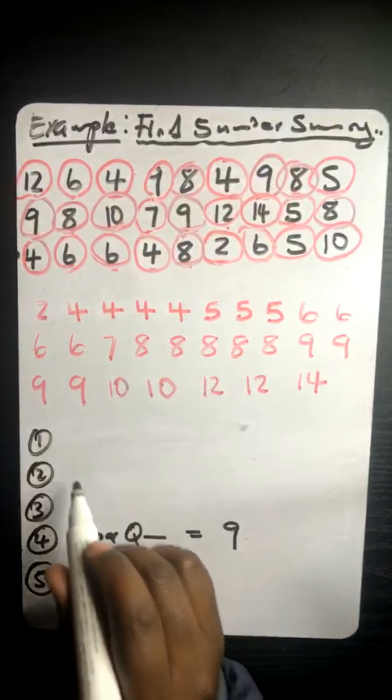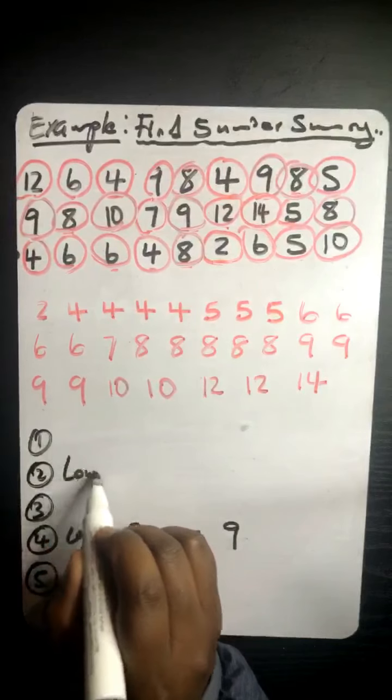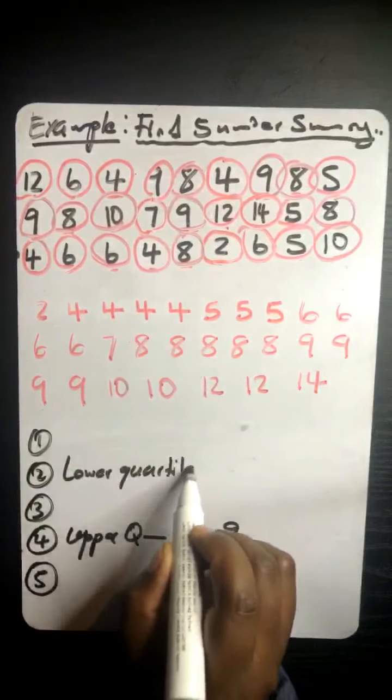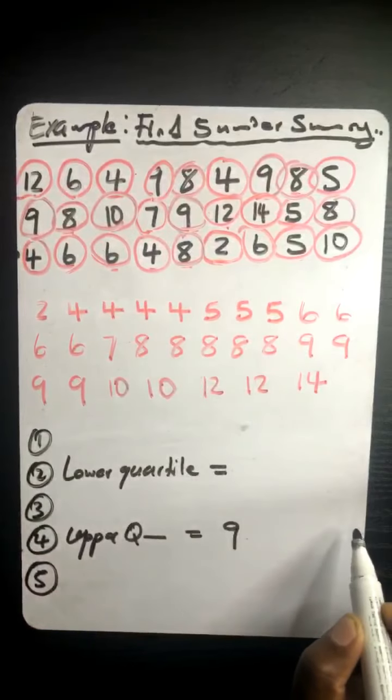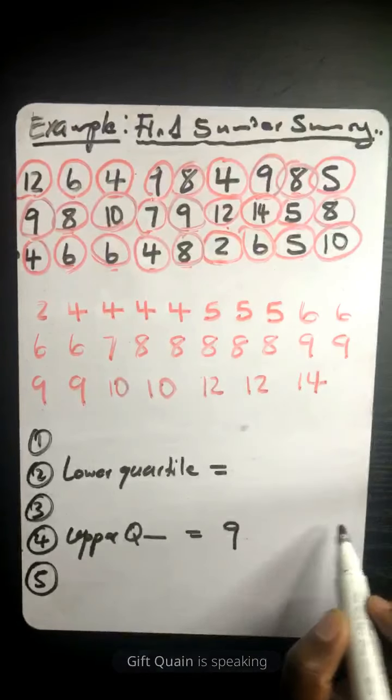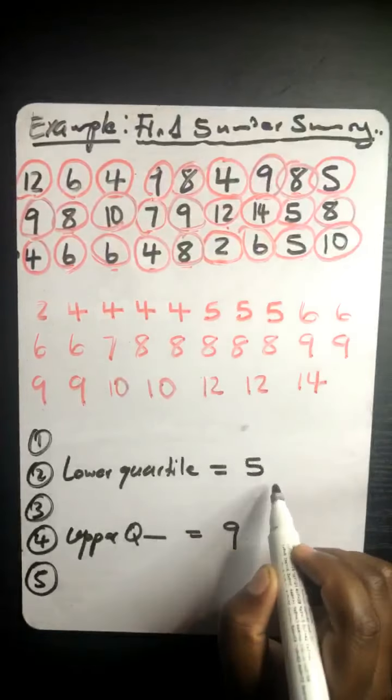And then what about the lower quartile? Gift, what did you get there? I got 5, sir.